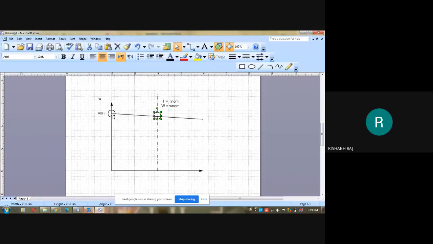Okay, then we come to this point. Sir, in practice also we prefer to get this first point, that is, the no load speed. Yes, this is the most convenient point. You can have doubts about the other point, but there are no doubts about this point, because at this point the torque is 0, the load is 0.